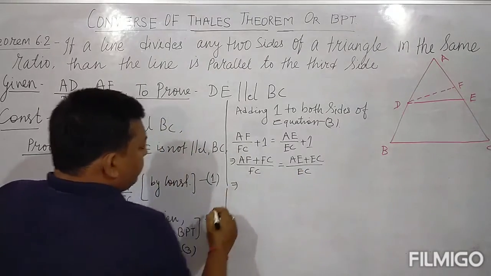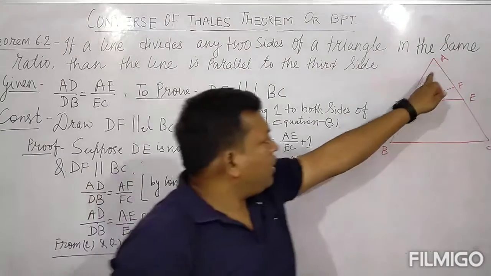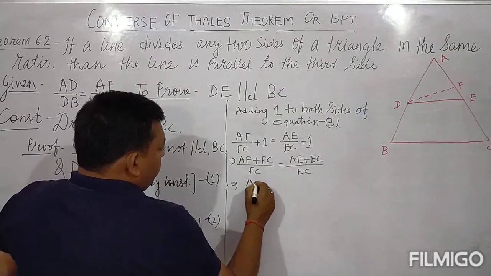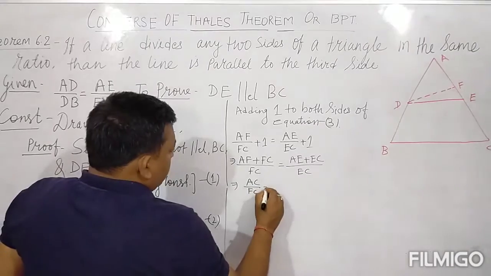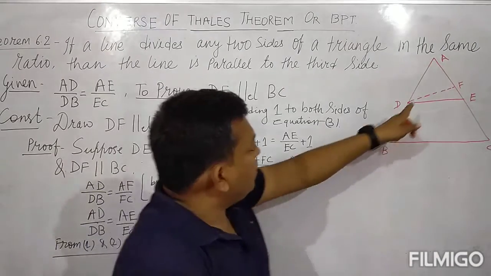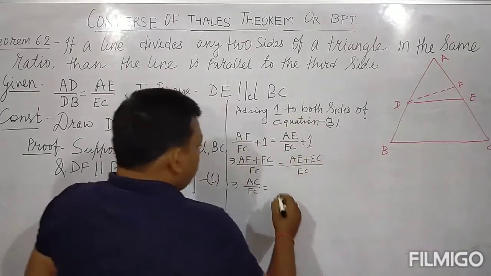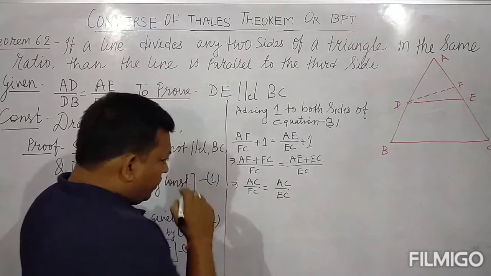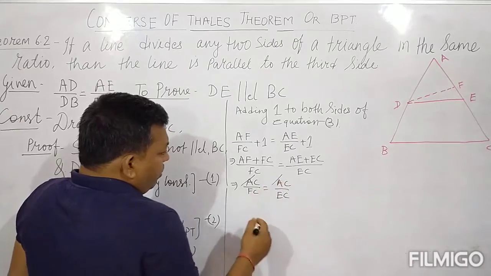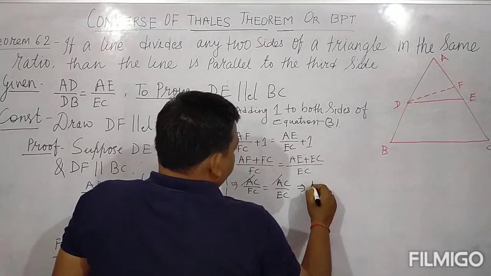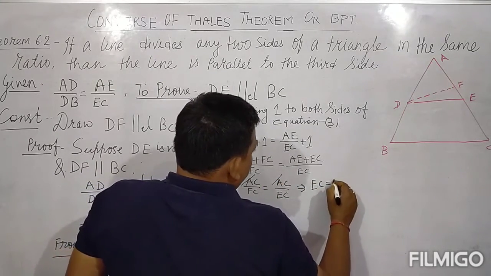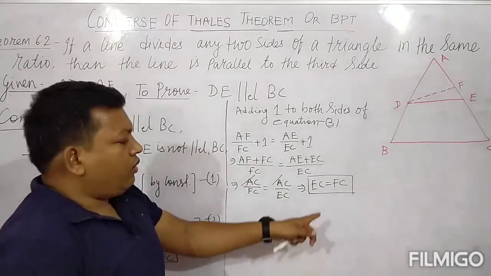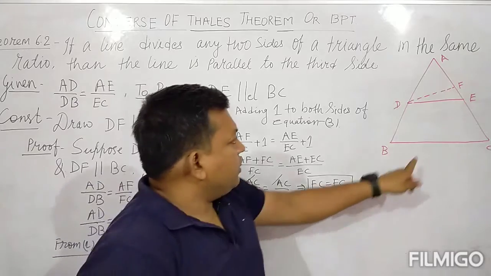This implies AF plus FC is equal to AC, so we will write AC by FC equals to AE plus EC, this is also equal to AC, AC by EC. Now this AC and AC will be cancelled out, so we will get EC equals to FC. This is a very important relation we have obtained. EC equals to FC.